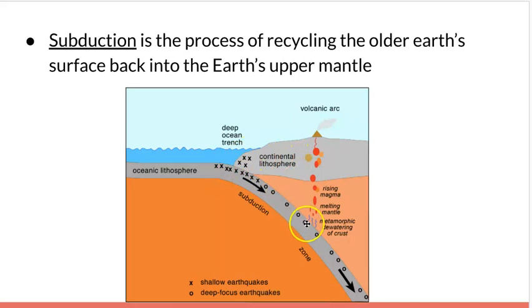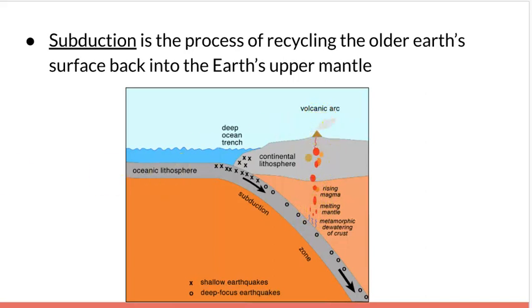And as that happens, the water that is in this layer of oceanic crust actually heats up and boils and turns to steam. And when that happens, it melts all of this rock underneath here and it sends it upward because of convection currents. And as that melted rock moves upward, it creates what's called a volcanic arc.